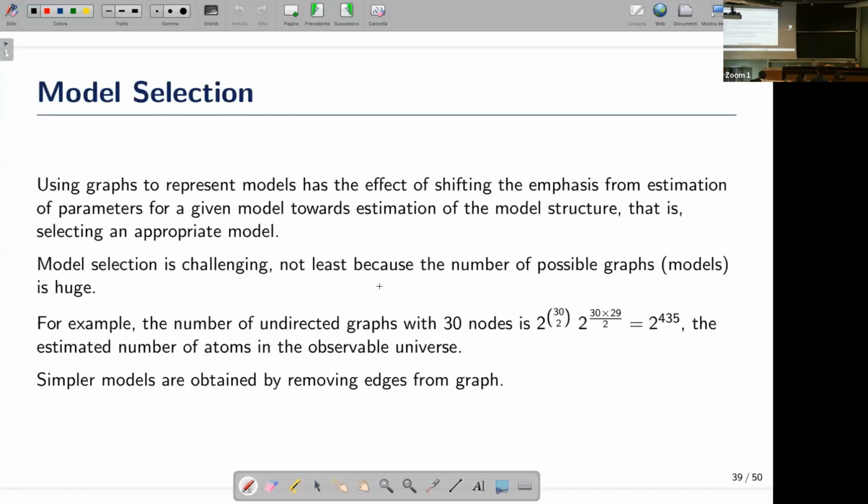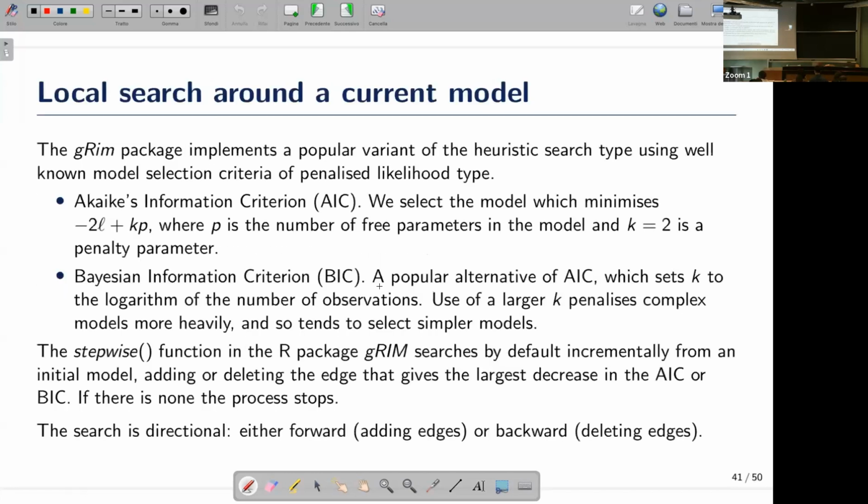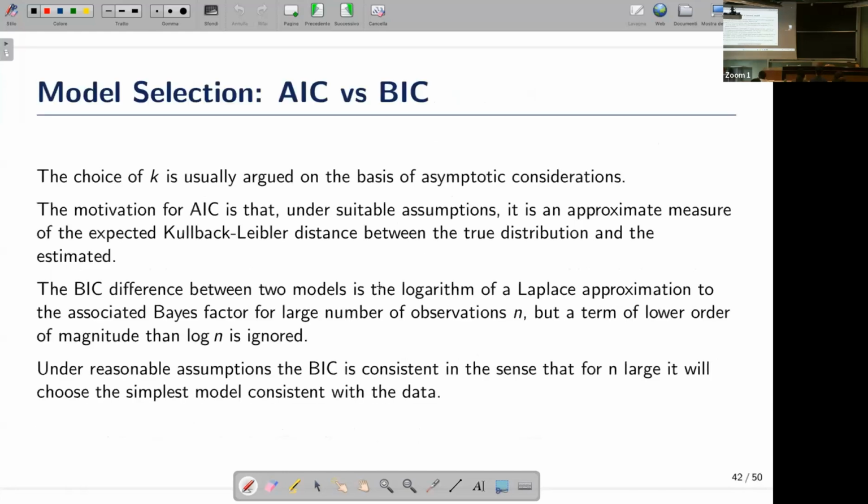And the model selection is done again by scores, and the most common scores are again the Akaike information criterion and the Bayesian information criterion. Okay, these are the two alternatives.